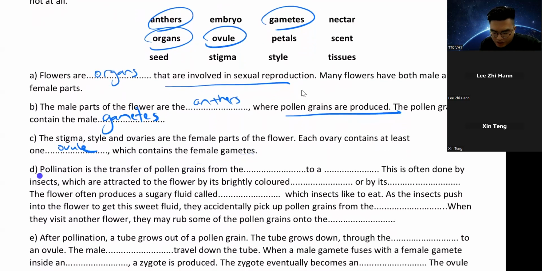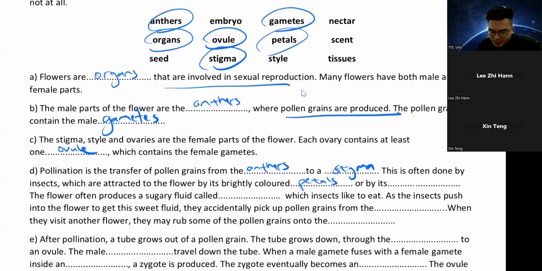So D, pollination is the transfer of pollen grain from the what to the where? From the anthers to a stigma. Okay, where the pollen stigma stick. This is often done by insects which are attracted to the flower by its brightly colored petals or by its scent.